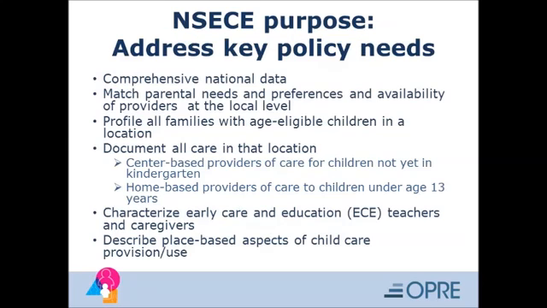The NSECE was designed to address several important policy needs having to do with the work of the Administration for Children and Families. In particular, there were no comprehensive national data, especially about the supply of early care and education.